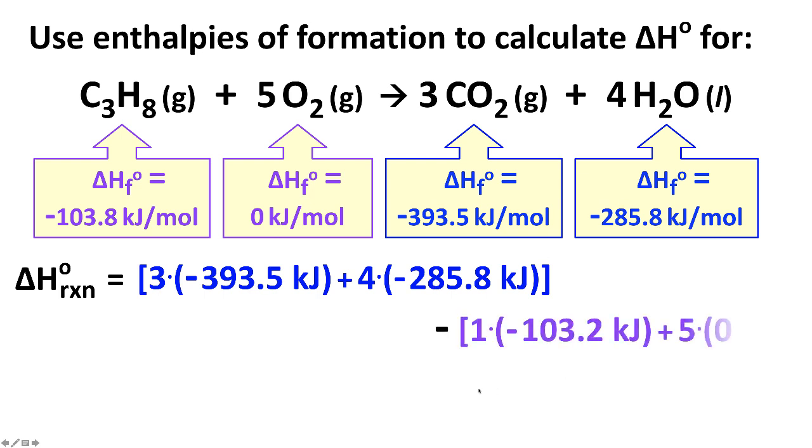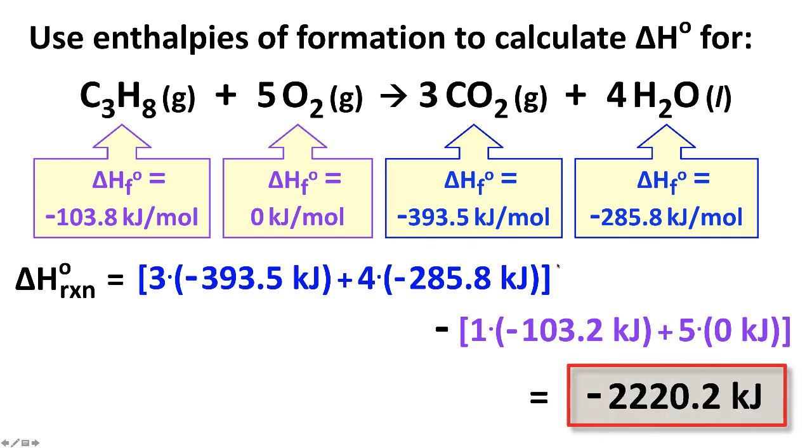And then we subtract the delta H of formation of each of the reactants times their coefficients: propane, C3H8, negative 103.8, and then 5 times 0 for oxygen. Then it's simply doing the calculation, and in this case the result is negative 2,220.2 kilojoules. So that would be the delta H of reaction for the complete combustion of propane as written.